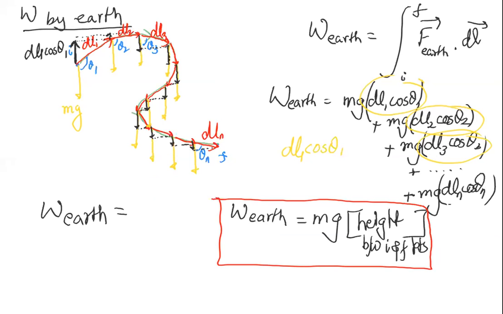चलो हाँ। So work done by Earth is equal to mgh. Whenever we have to calculate the work done by Earth, we only need to know the initial and final position. What we don't need to know is the path taken, right?